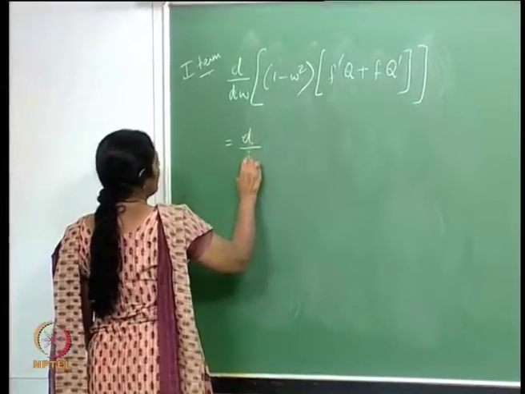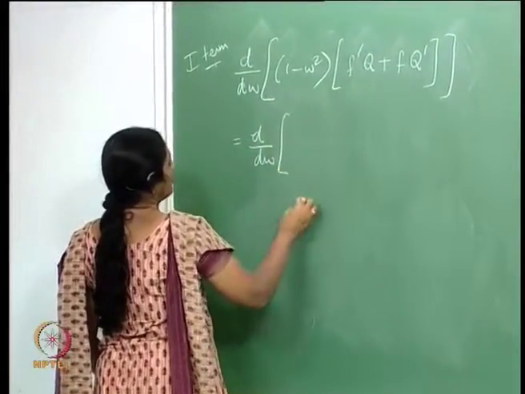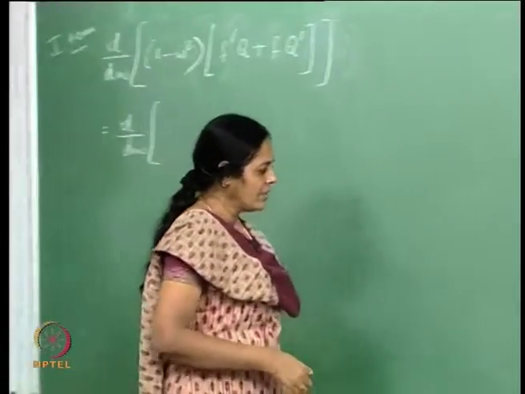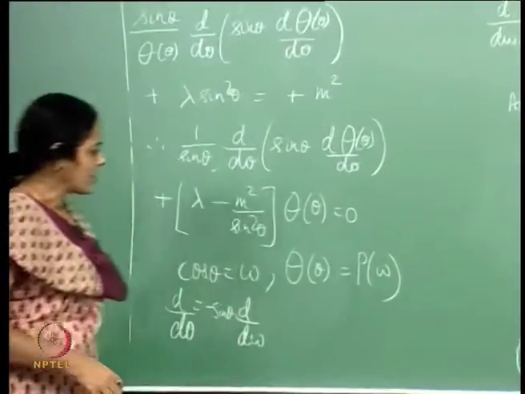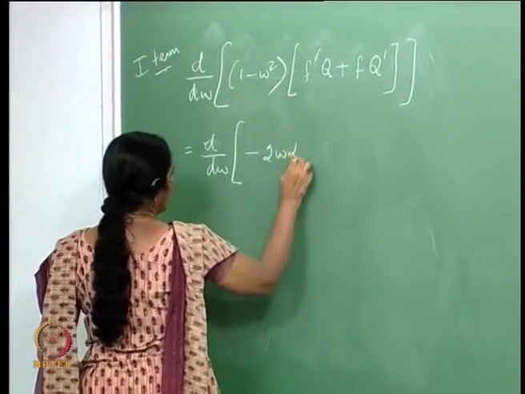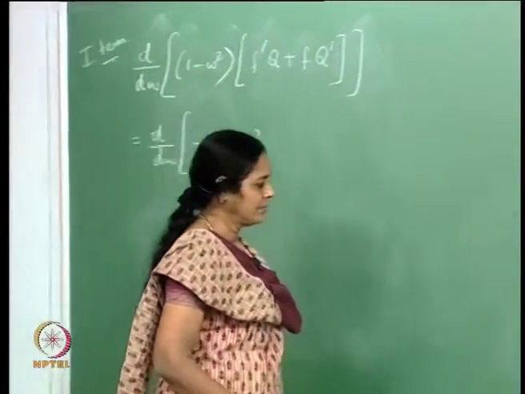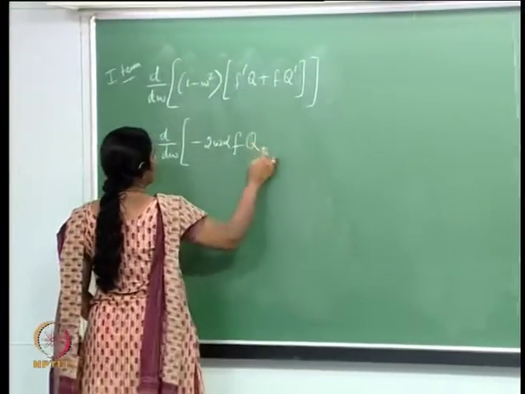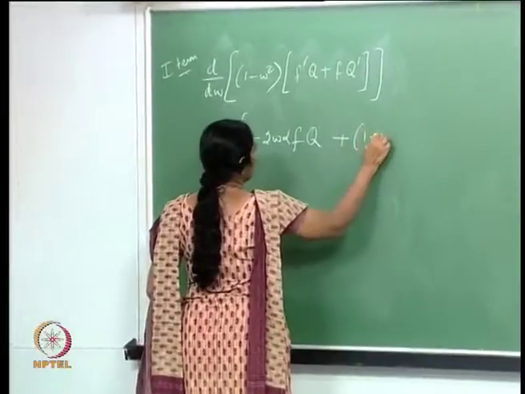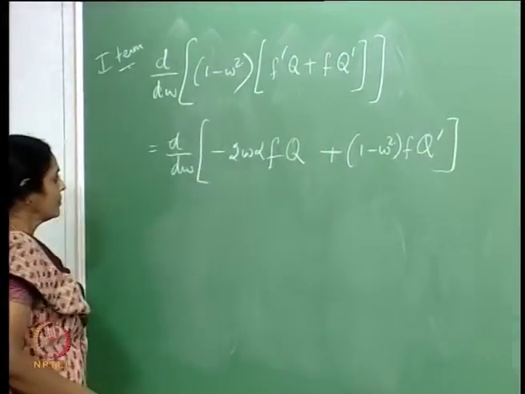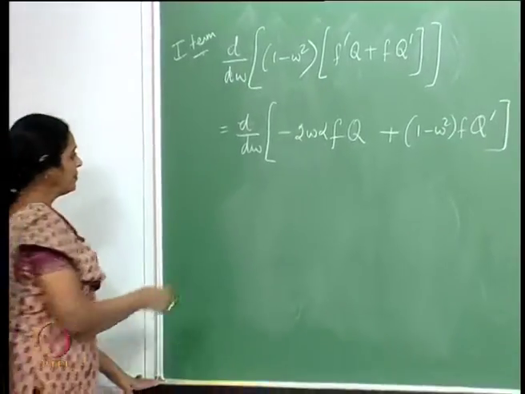That is d by dw of (1 - w^2) f prime, which is minus 2 w alpha f, we have already got that there, times q, plus (1 - w^2) f q prime. So, this is the first term.